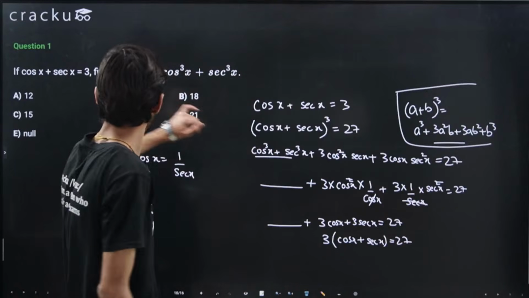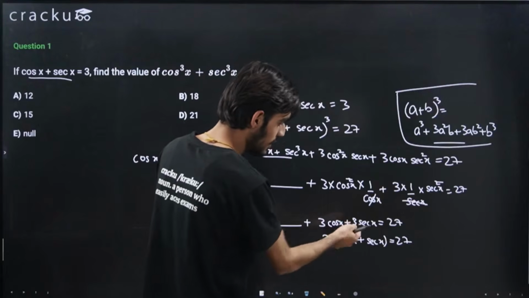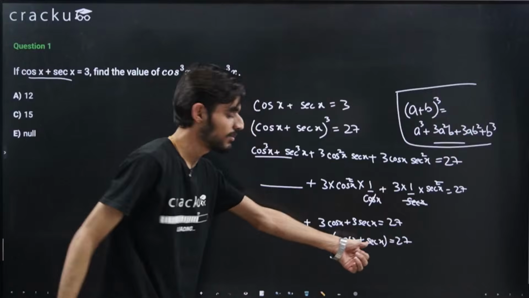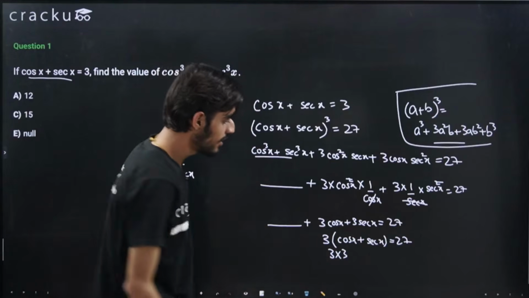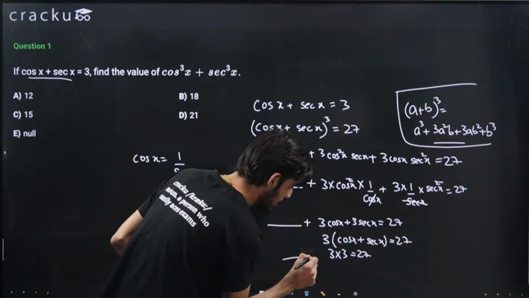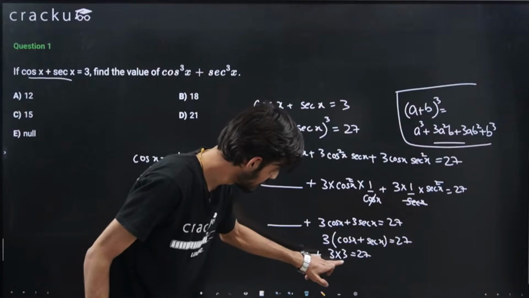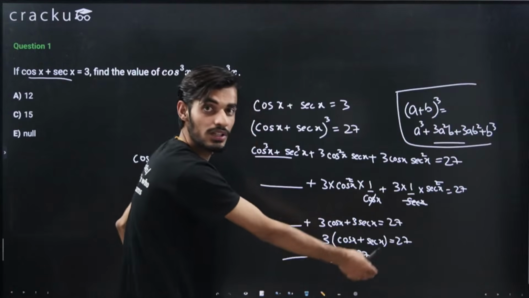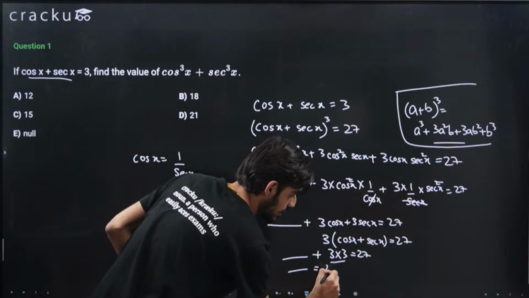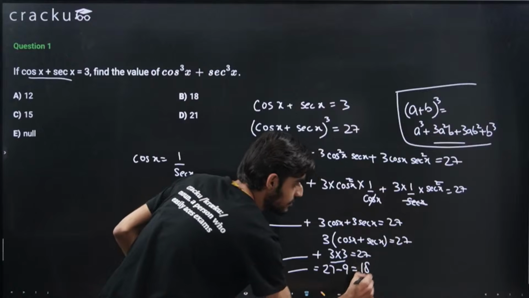We also know that the value of cos x plus sec x is equal to 3. So we can just put the value here. So this will be 3 multiplied by 3, because cos x plus sec x is 3. So we just multiplied it, that is equal to 9. Okay, so we need to find the value of this. So what we can do is take this value to the right hand side. So this value will be equal to 27 minus 9, that is equal to 18.